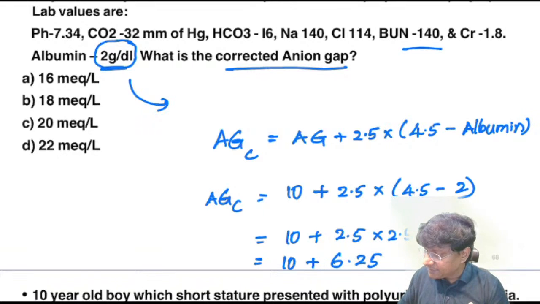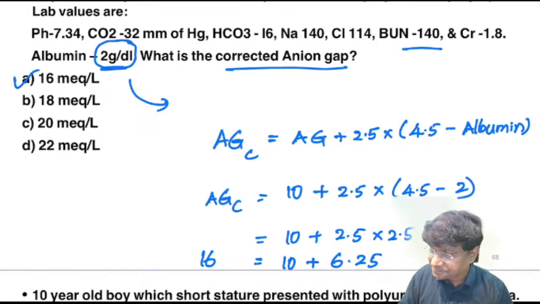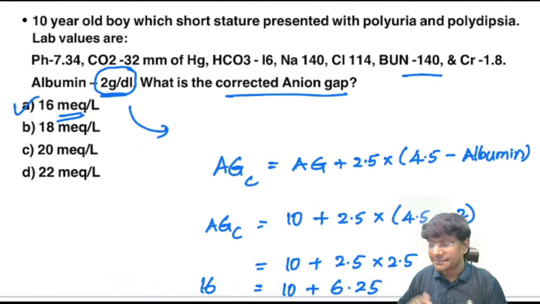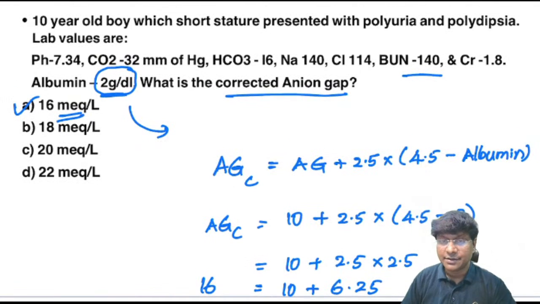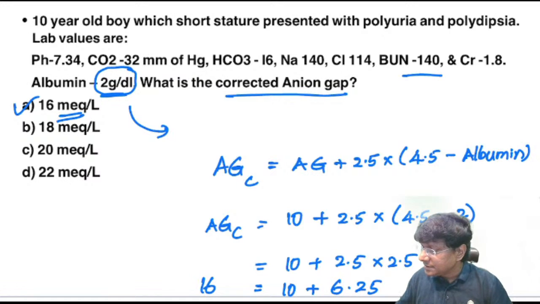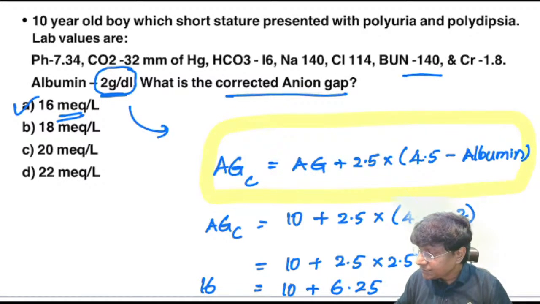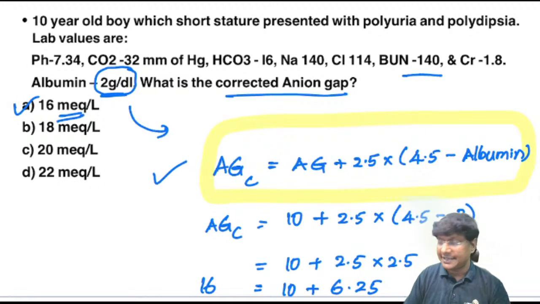So what will be the value here? 16. The answer is A. So this is how we need to calculate the corrected anion gap. This formula you have to remember to know the corrected anion gap.